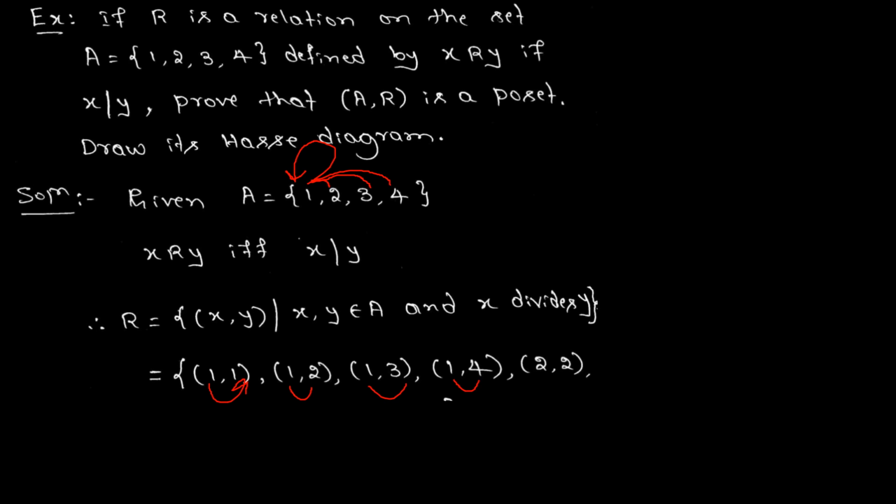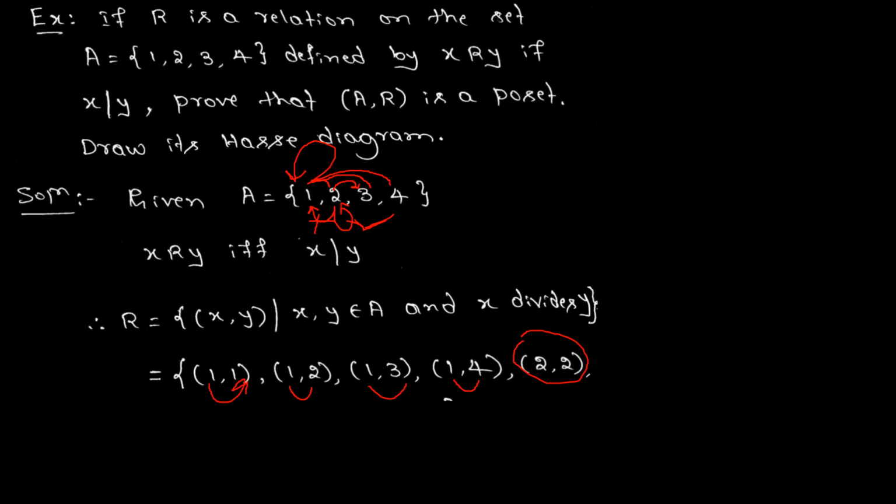Now what about 2? 2 will not divide 1. So we cannot take 2 comma 1. And we also know that 2 divides 2. So we can take 2 comma 2 in the relation. 2 will not divide 3 because 3 is not a multiple of 2.